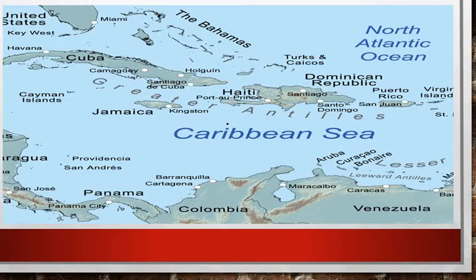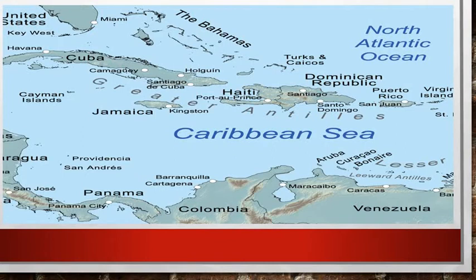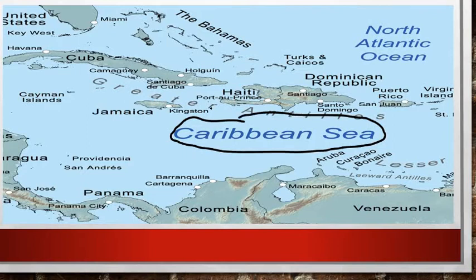So this is your map. Earlier I said that today we are going to discuss this region, the Caribbean Sea. This is your Caribbean Sea, and in the south it is bordered by Venezuela.